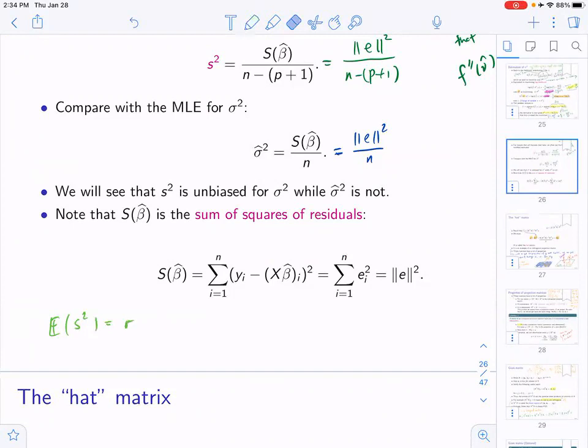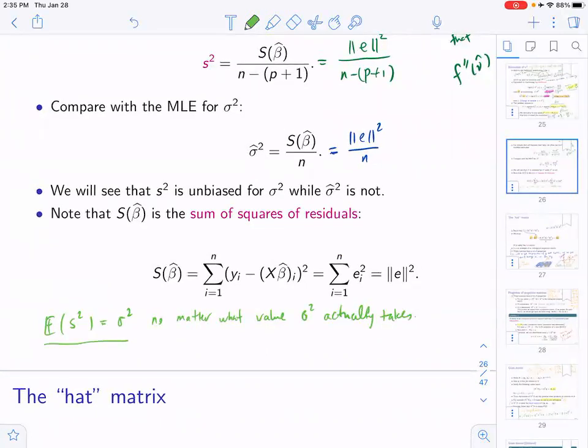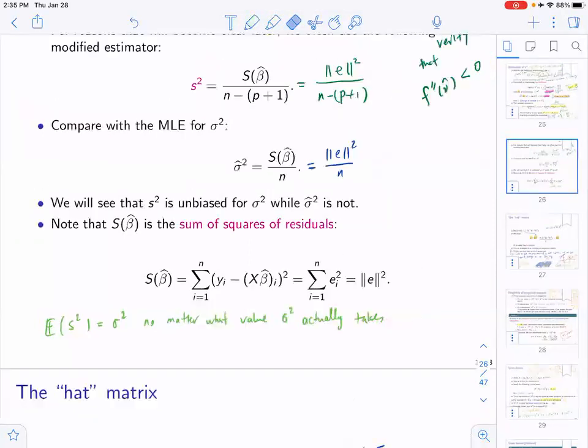So the expectation of S squared is always going to be sigma squared, no matter what value sigma squared actually takes. For whatever the true sigma squared is, my expectation is always going to be equal to it. And that's what unbiased means. We'll see that this holds.